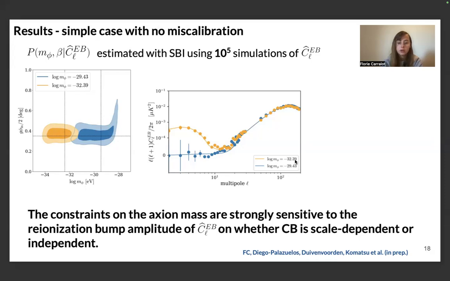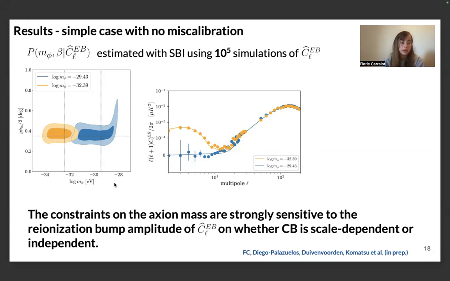In orange, we are in a more dark energy-like scenario in which we have a large reionization bump, while the second case in blue represents a dark matter behavior in which we have a very small reionization bump.